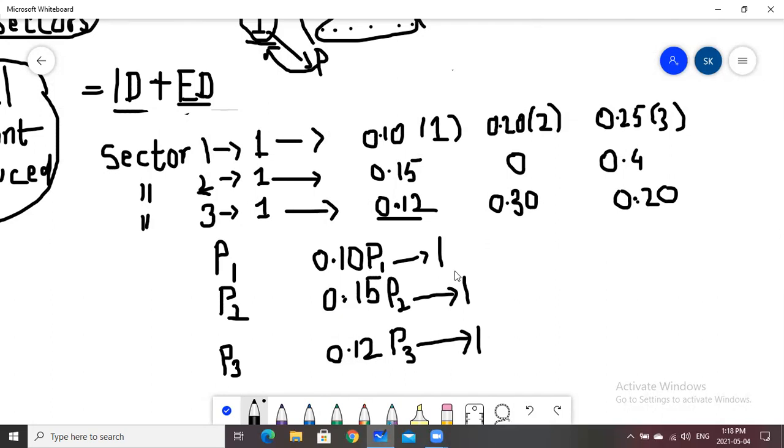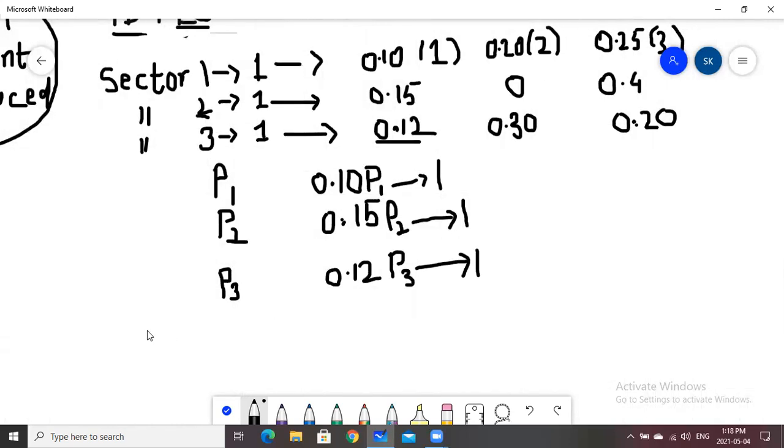So what does it mean? It means that in total, what happens over here is that 0.10 P1 plus 0.15 P2 plus 0.12 P3 units of product 1.